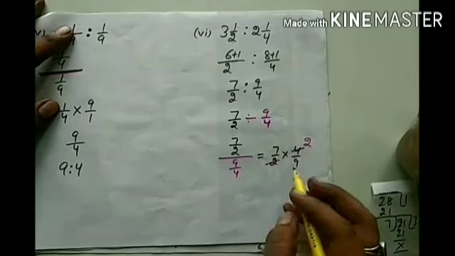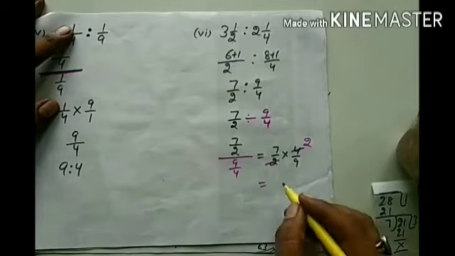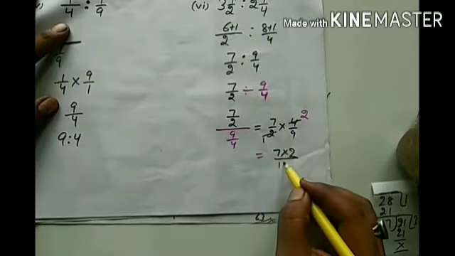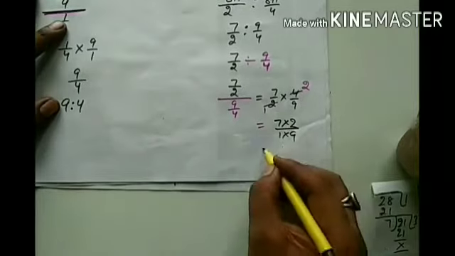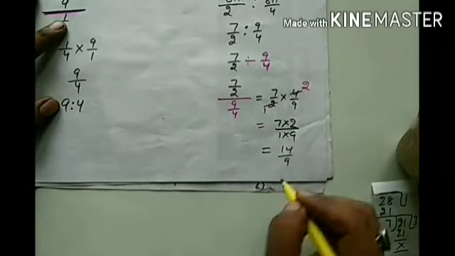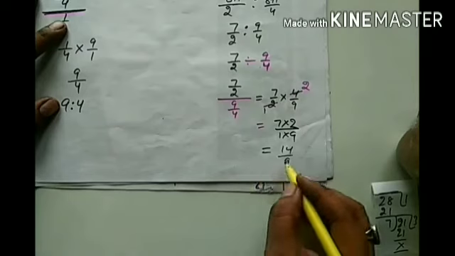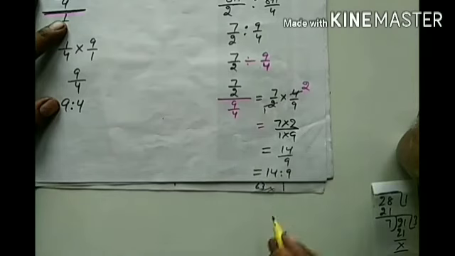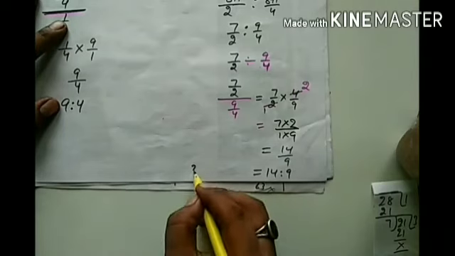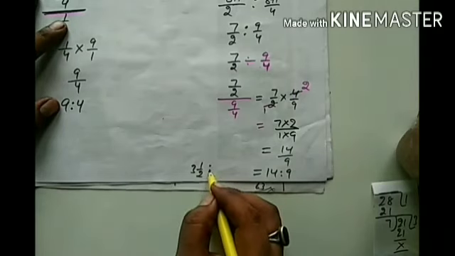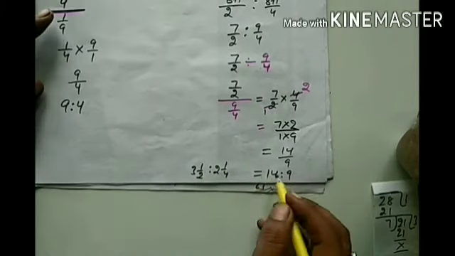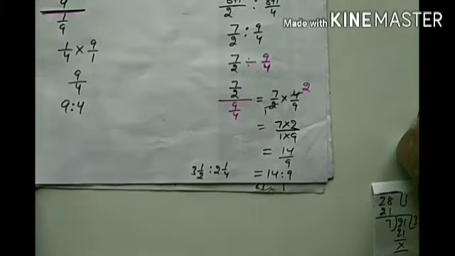Now 7 multiply 2, that is 14, and this is 1 multiply 9. Now the answer is 14 by 9. So I can change it to the form 14 ratio 9. So 3 and a half ratio 2 and 1 by 4 is, in the simplest form, 14 ratio 9.